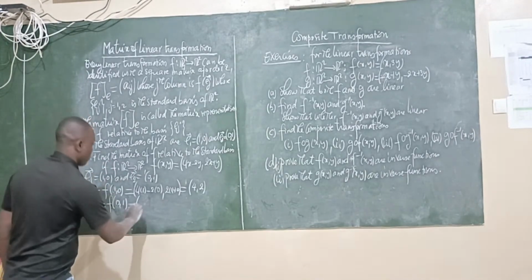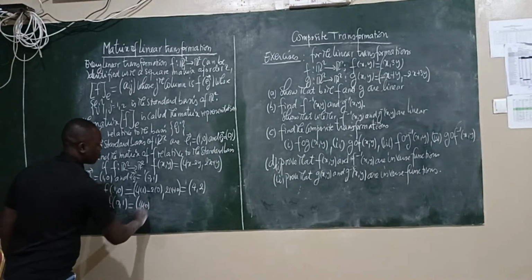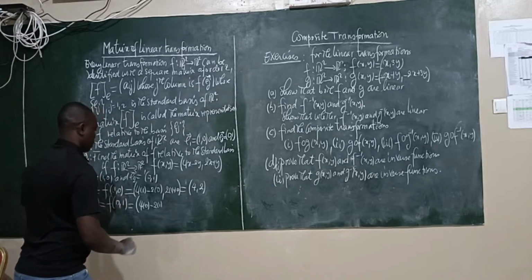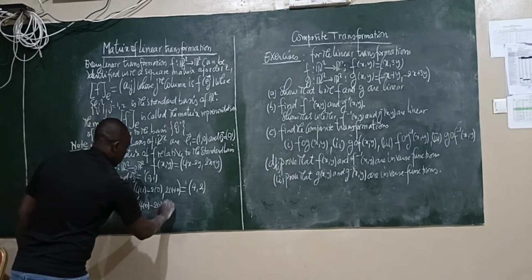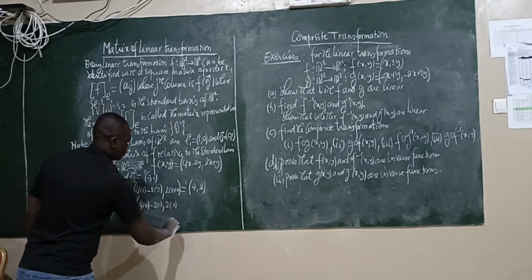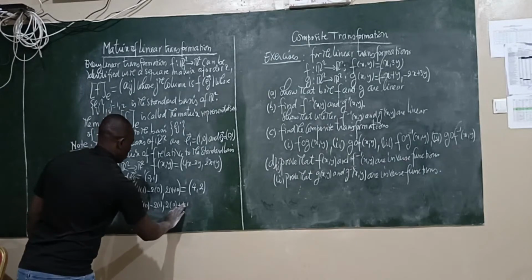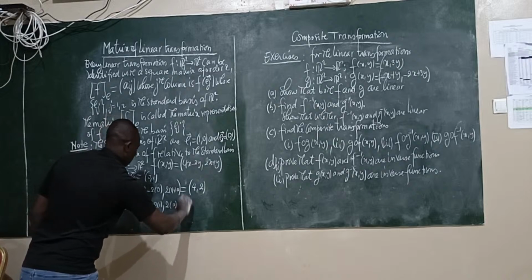So here is going to be 4 times 0 minus 2 times 1, comma 2 times 0 plus 1 plus 1.